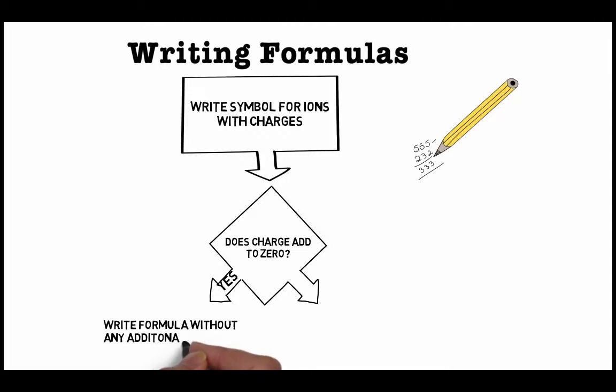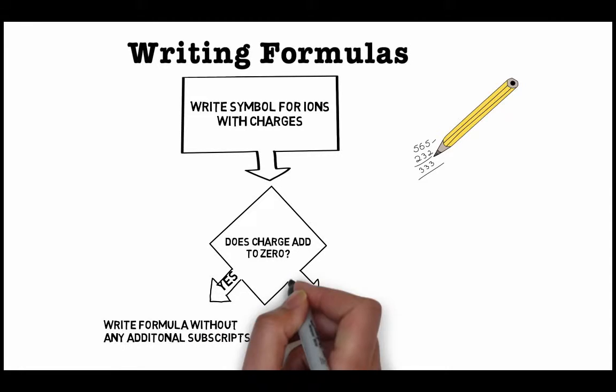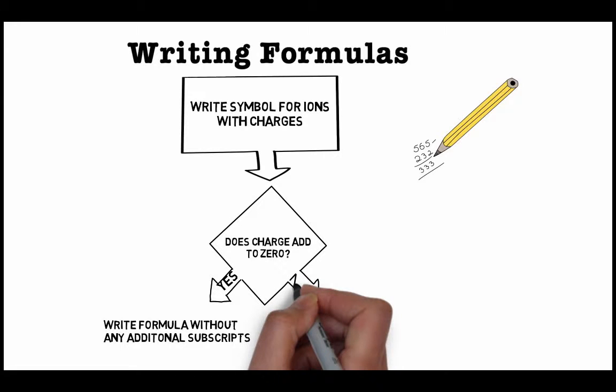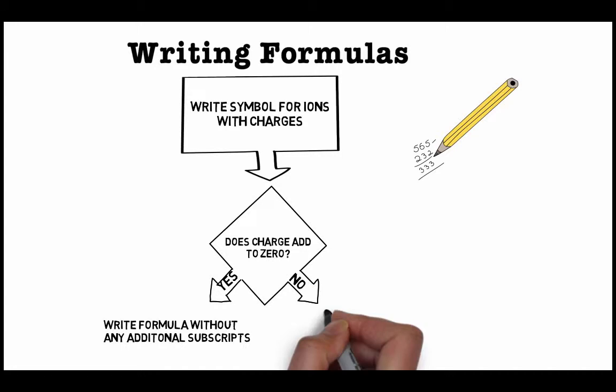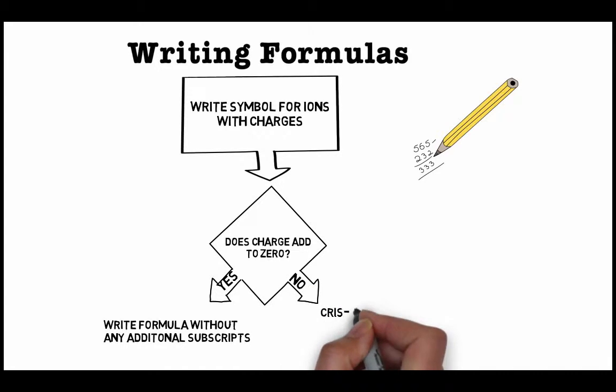If the charges do not add to 0 and they don't balance themselves out, then I need to balance those charges using subscripts. I'm going to do this most easily by crisscrossing. That's swapping and dropping the superscripts to make them subscripts, but removing the 1 and any negatives.